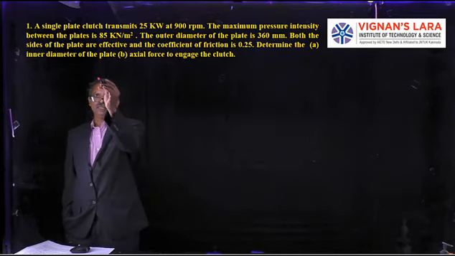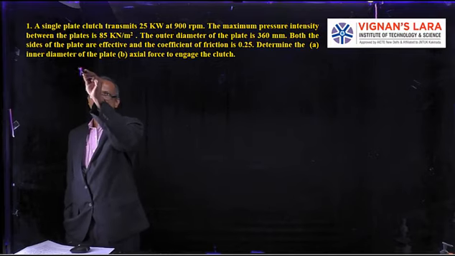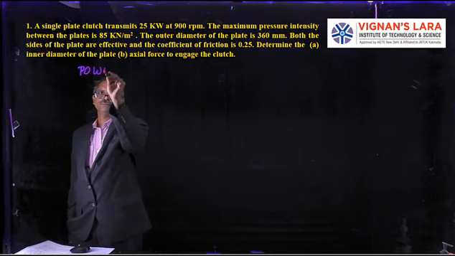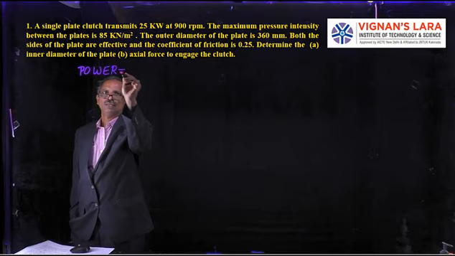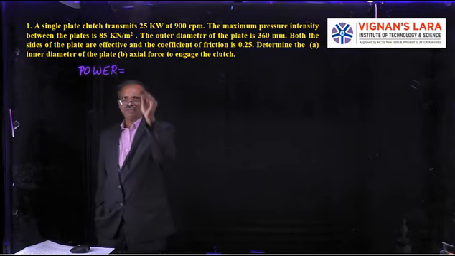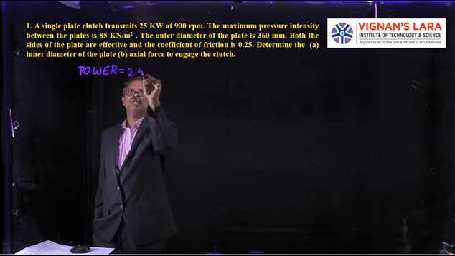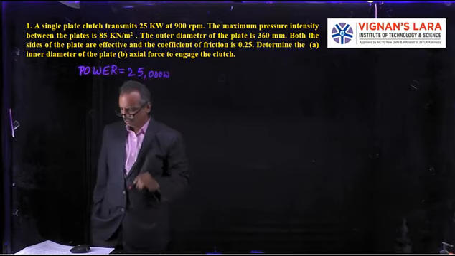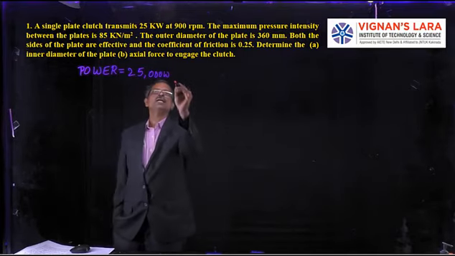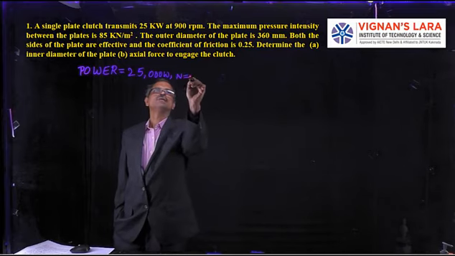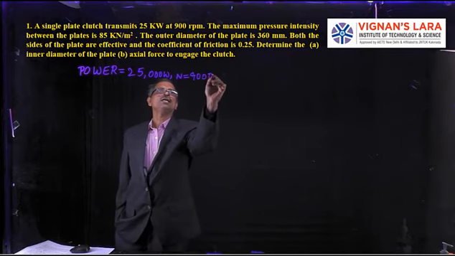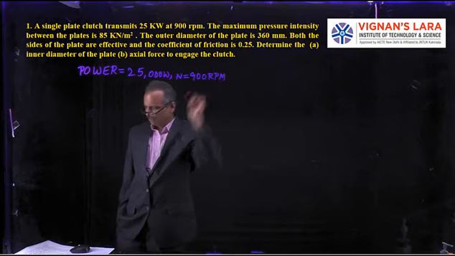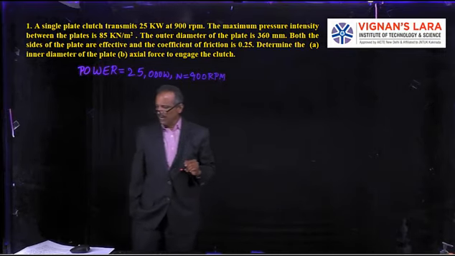Power transmitted is 25 kilowatts. Let me convert into watts: 25,000 watts. At what speed? 900 rpm. And what is the maximum pressure?